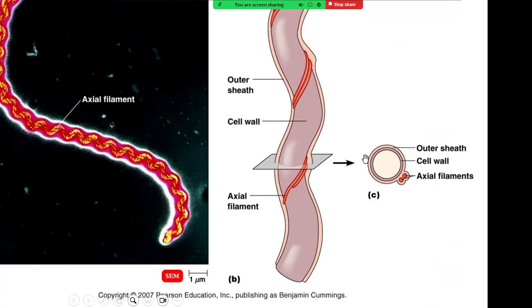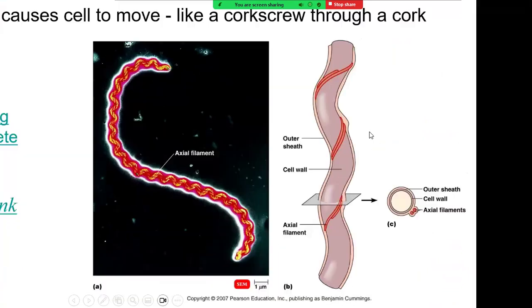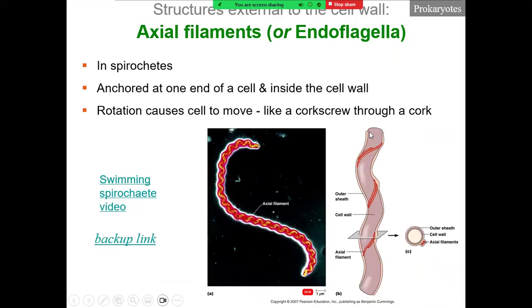So the pink is the cell wall, and then the bright pink is the axial filaments. So the endoflagella is a flagellum which is inside the cell wall, running like that in the cell, and it gives the cell a unique corkscrew-like motion when it moves.